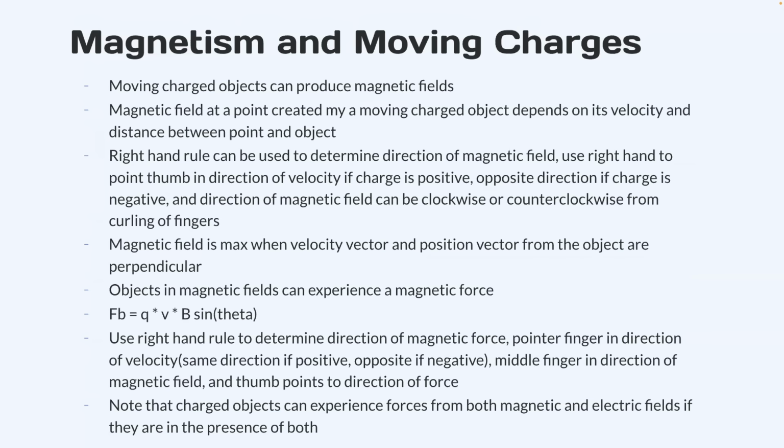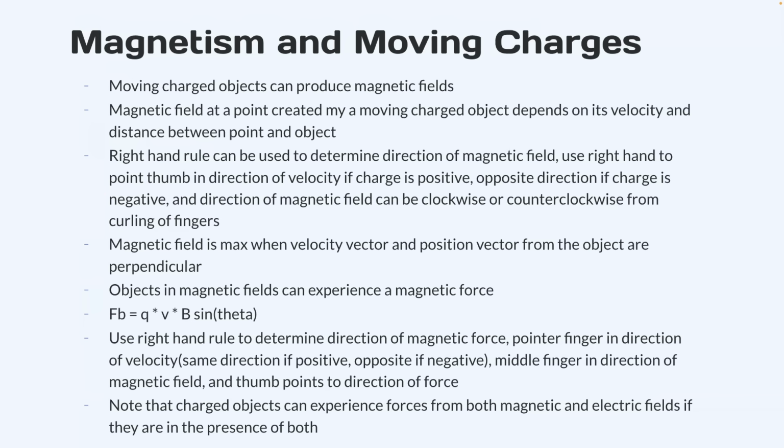Moving charges can produce magnetic fields. The magnetic field at a point created by a moving charge just depends on the charge's velocity and the distance between the point and the object. And we can use the right-hand rule to determine the direction of magnetic fields.